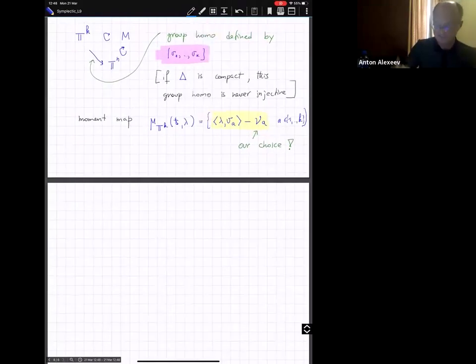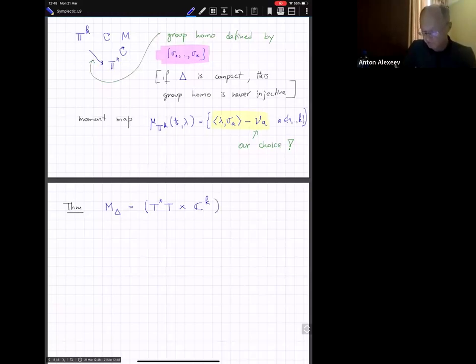So now a theorem. We define M_delta to be the quotient of our space M, the cotangent bundle of the torus, multiplied by the space C to the power K. And we consider the reduction at the 0 level set under the action of the torus Tk.